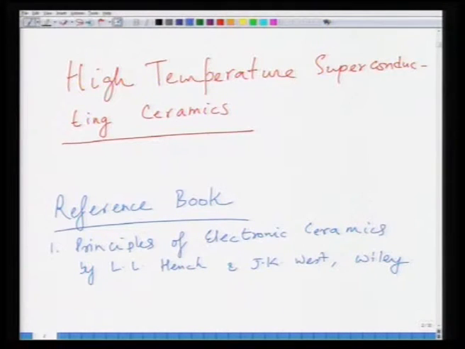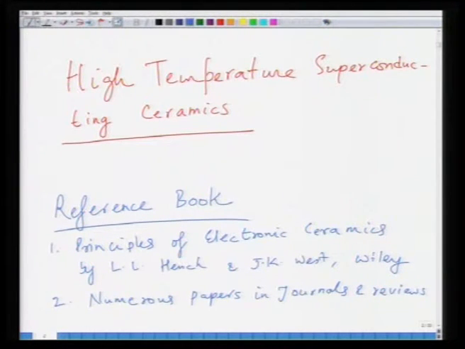You can read about superconductors in this book, and there are numerous papers in journals and reviews which can help you understand this principle a little bit more. And there are several other books which can take you through this journey into superconductivity.